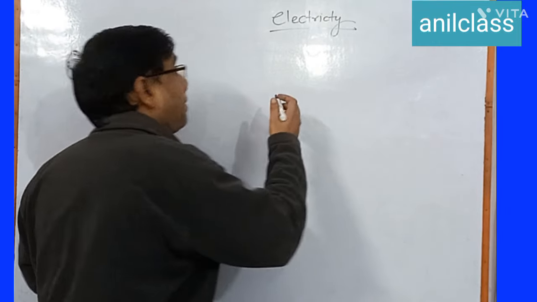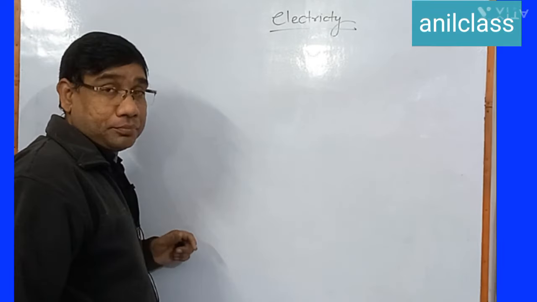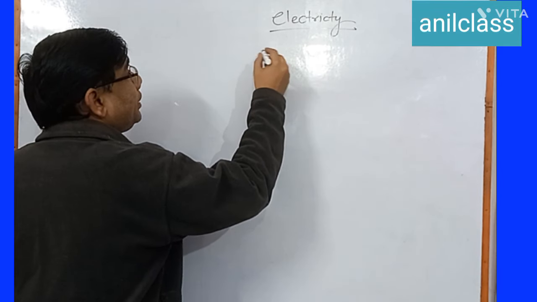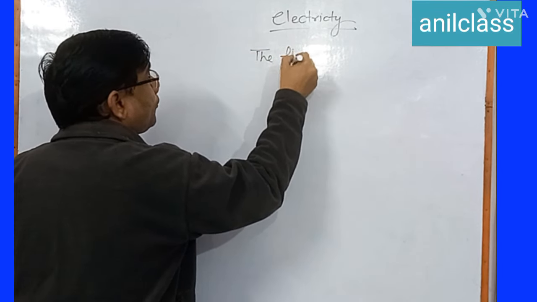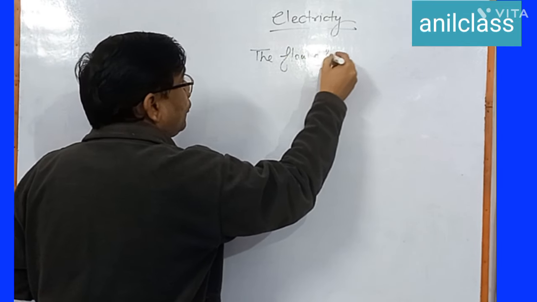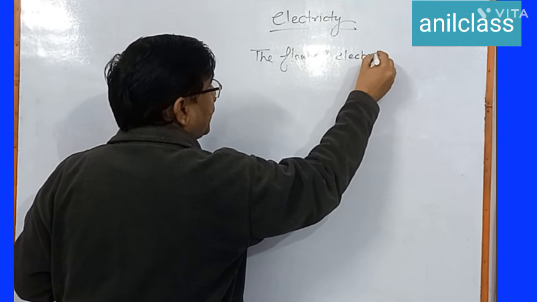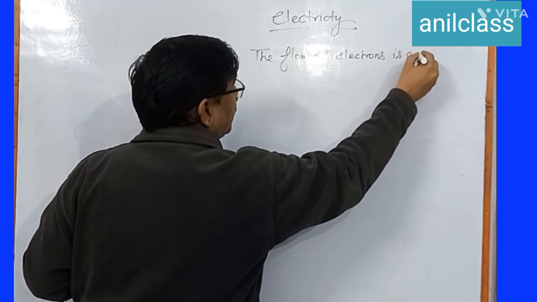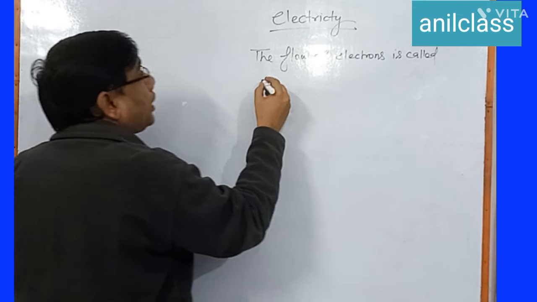Now you know that the flow of electrons is called electricity.